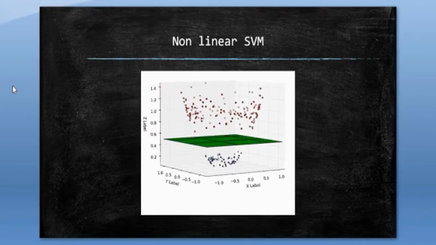So this green plane separates the two classes.